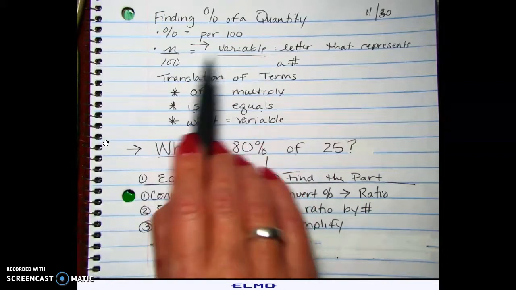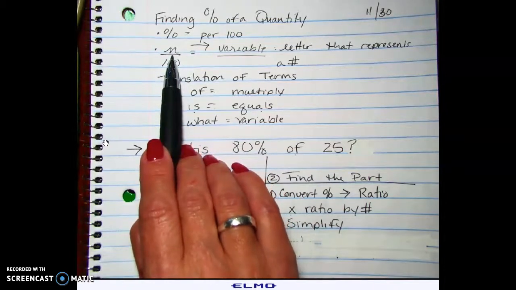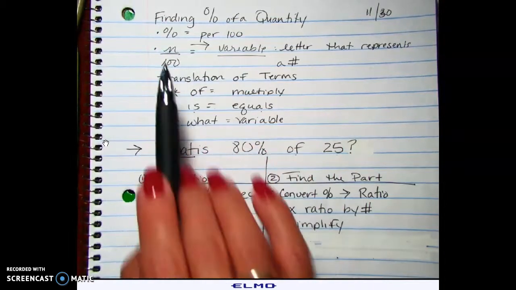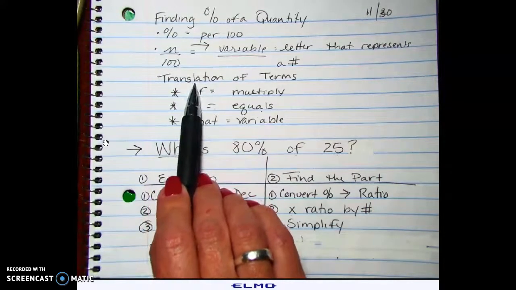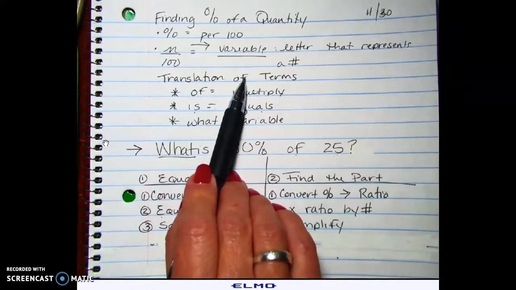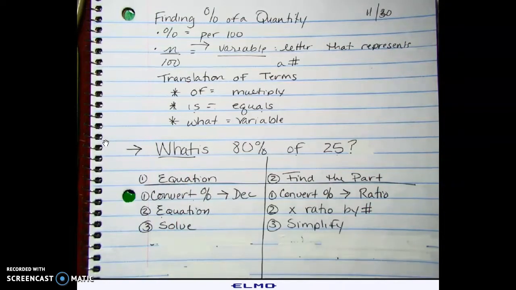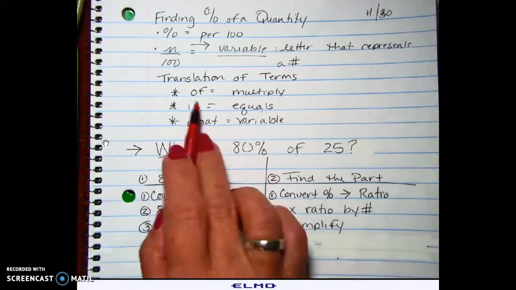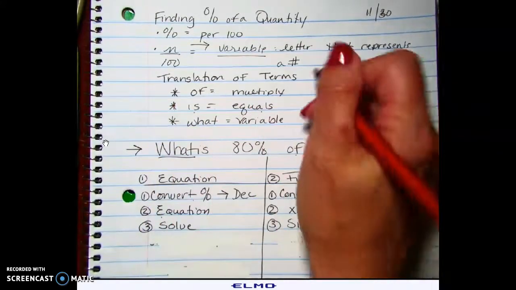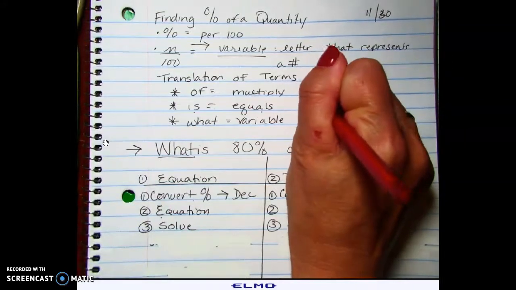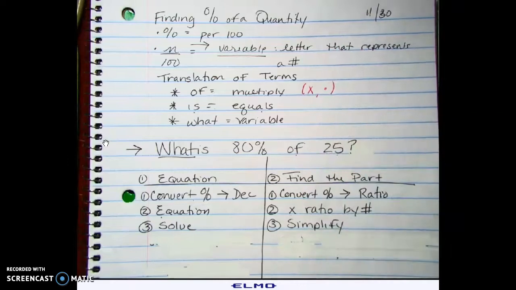So we're going to be using variables, maybe not necessarily this exact way, but you're going to see us use that variable. Now, we're also going to need to know some translation of terms because we're going to have words that we're going to have to turn into equations. So first off, if you see the word of, it means to multiply, and you're going to use either your multiplication symbol or this multiplication symbol.